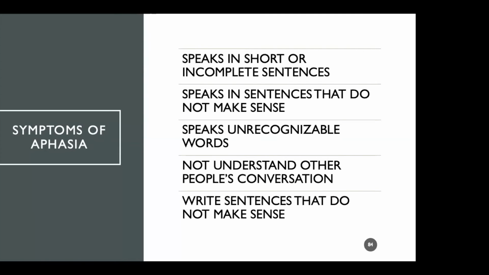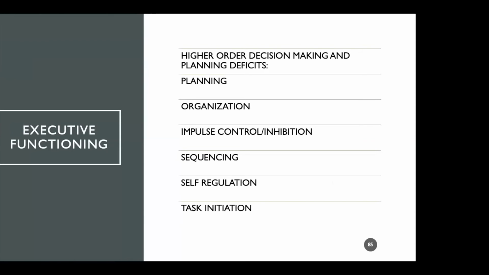Executive functioning is your ability to plan, organize, control your impulses, helps you sequence things to complete a task, helps you regulate yourself, helps you start a task. We call that task initiation. That's all part of what we call executive functioning, which is, by the way, a cognitive domain embedded in your brain.